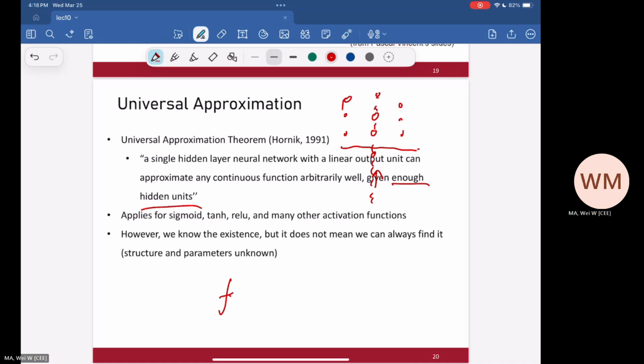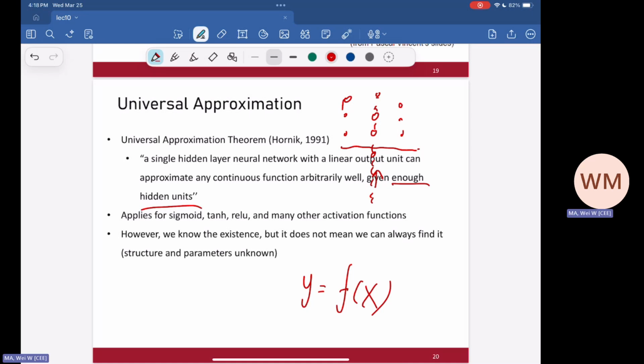So what is this function f talking about? If you still remember supervised learning, we want to find an f such that if you input x, you get y, right? So the universal approximation theorem says that you can always use a neural network as f.